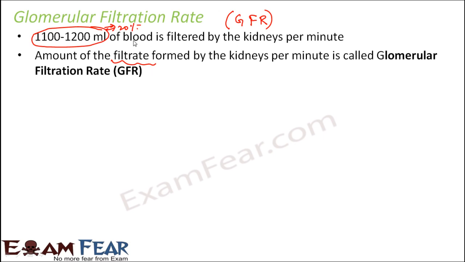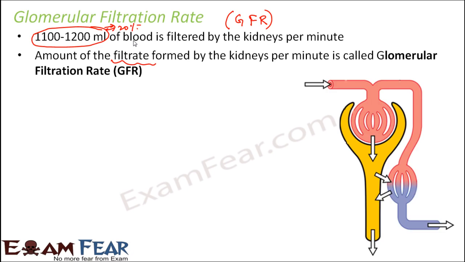So this was per minute, and now in one complete day it is around 180 liters. So this is how it would be. For example, this is your glomerulus, and here glomerular filtration takes place. So this is the blood which enters through the afferent arteriole, and here glomerular filtration will occur. So the amount of filtrate which moves into the Bowman's capsule in 1 minute is called glomerular filtration rate.